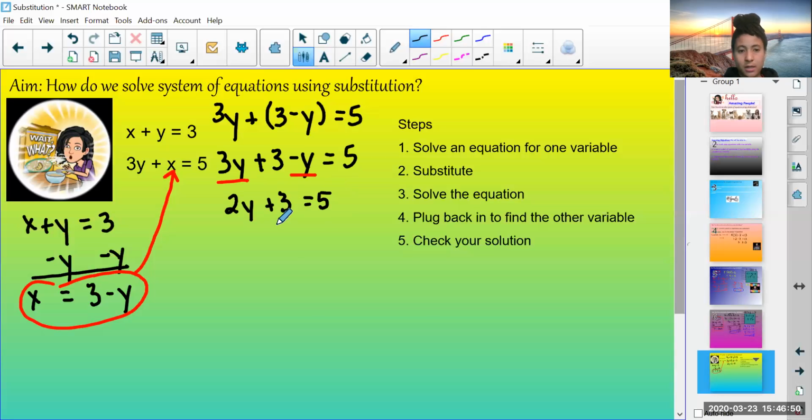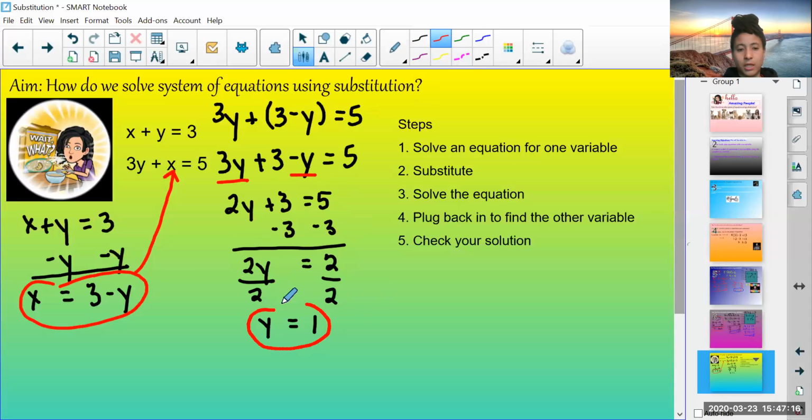I want to solve for y, so I have to minus 3 first from both sides. So we have 2y equal to 2. I want to get this y alone, so I have to divide by 2. So y is equal to 1. Now that I know what y is, I could plug back into any equation to get the x value. So I want to use my second equation in this case, just so you all see that it could work with both, okay?